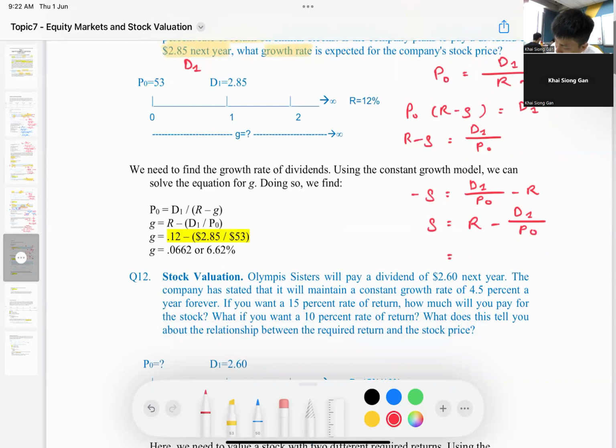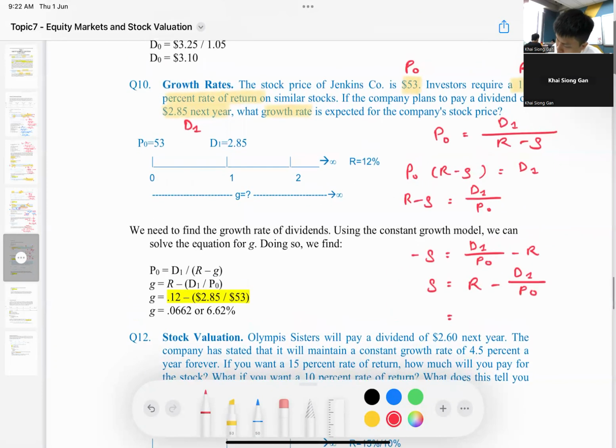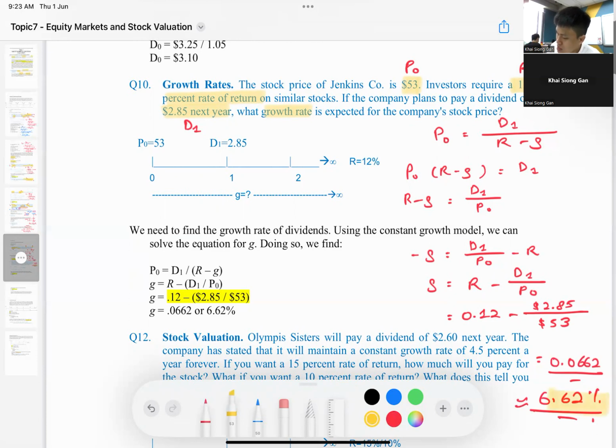The required rate of return is 12% minus D1, which is 2.85, divided by P0, which is 53. Then you get the answer. You are just playing with the formulas. Fun, right? At the end you get 0.0662, which converts to 6.62%. I use the initial formula and then rearrange it to this formula.